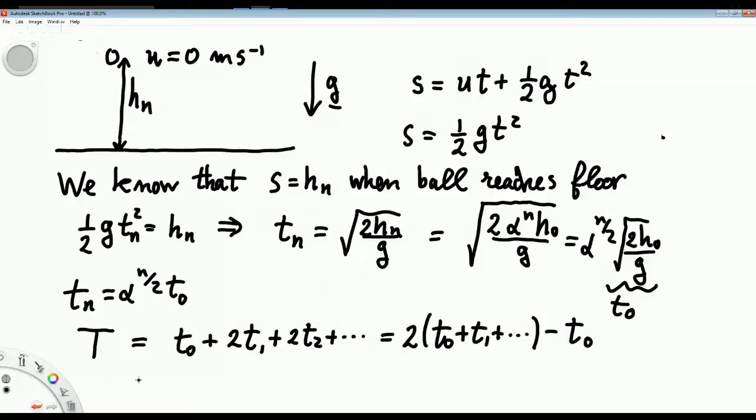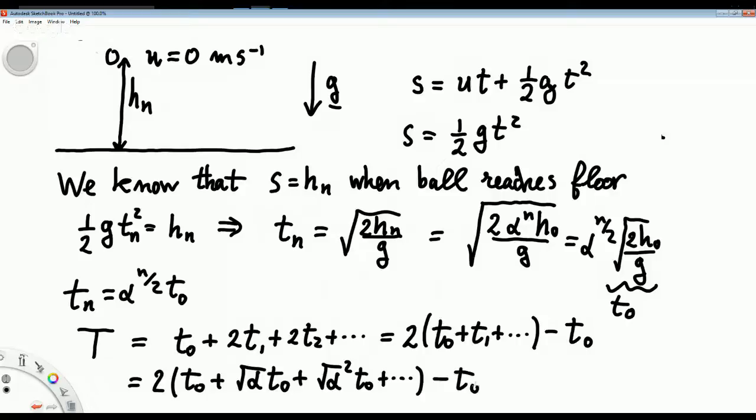Now let's also remember the expression which we found just above of Tn in terms of T0. So according to this formula, T0 is just T0, but T1 is square root of alpha times T0, and T2 is square root of alpha squared times T0, and so on and so forth, minus T0.